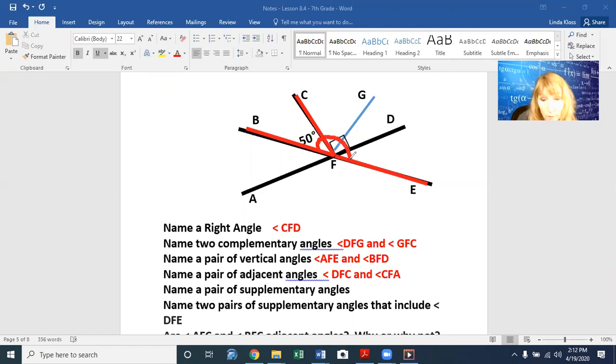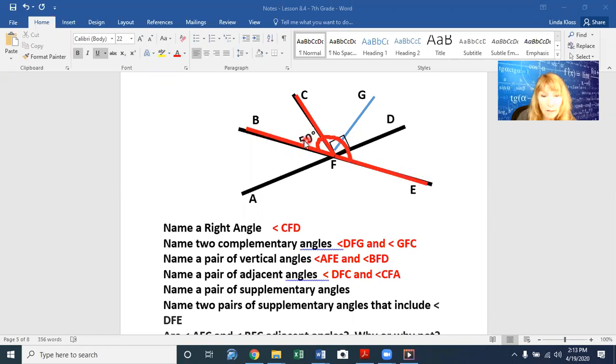So we actually could figure out the measure of this angle and be exactly right. How could we do that? Well, we already know that this angle here is 50, and we know that the whole line has to be 180. So what does this angle have to be?